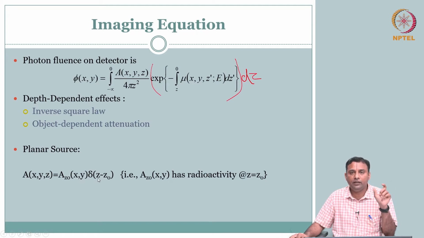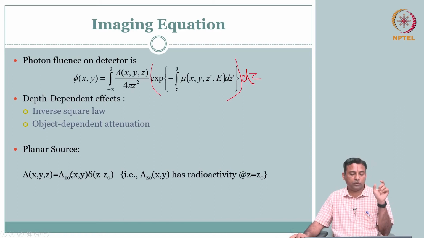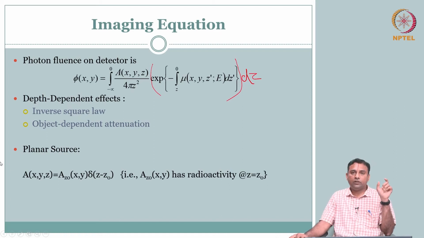From z you have taken a location z naught, so A at z naught is the radioactivity at z equal to z naught. So now your 3D radioactivity source is made into a planar source at location z equal to z naught.